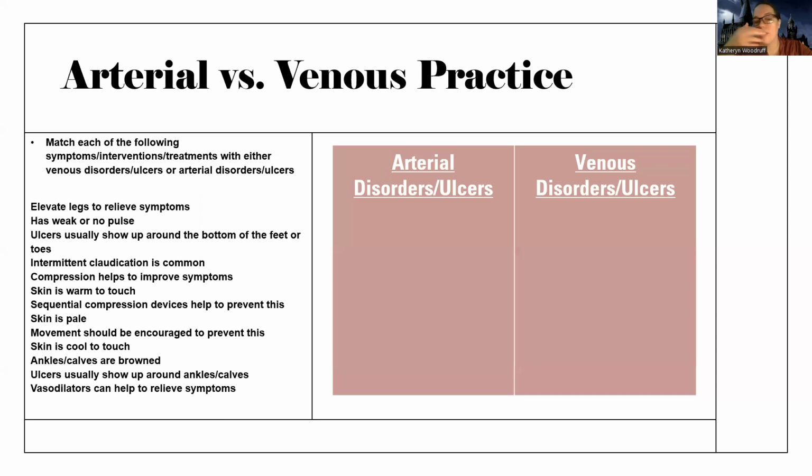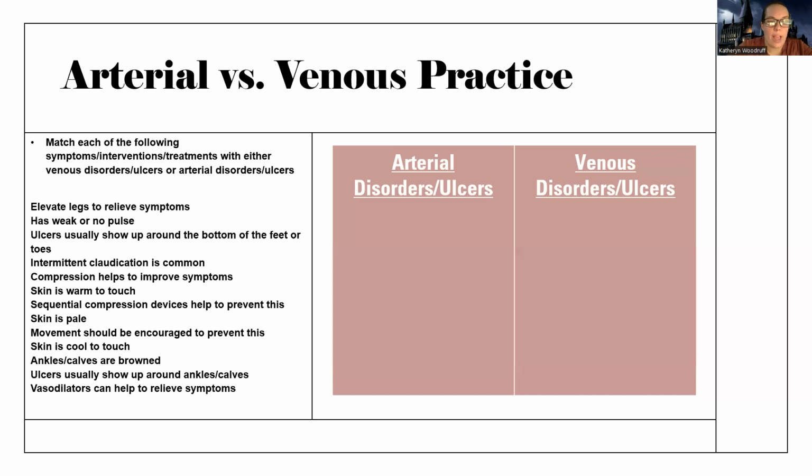That brownish discoloration is usually a result of the pooling and the stretching and the edema as a whole. But remember, when we talk about arterial, there's usually more of a pale color, loss of hair, that stuff. With the venous patient, they have really thick skin, and there's good flow. But the issue is there's just this pooling of blood in the legs.